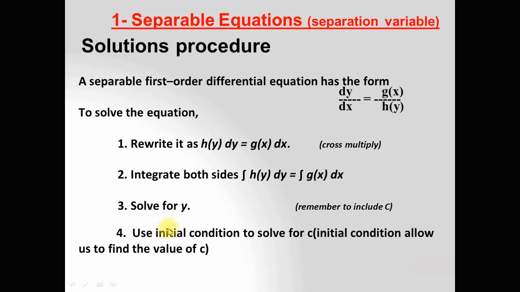At the last, use the initial condition to solve for c. The initial condition allows us to find the value of c. If the given differential equation is an initial value problem, then use that initial condition to find the value of c, which will appear in the solution of the given differential equation.